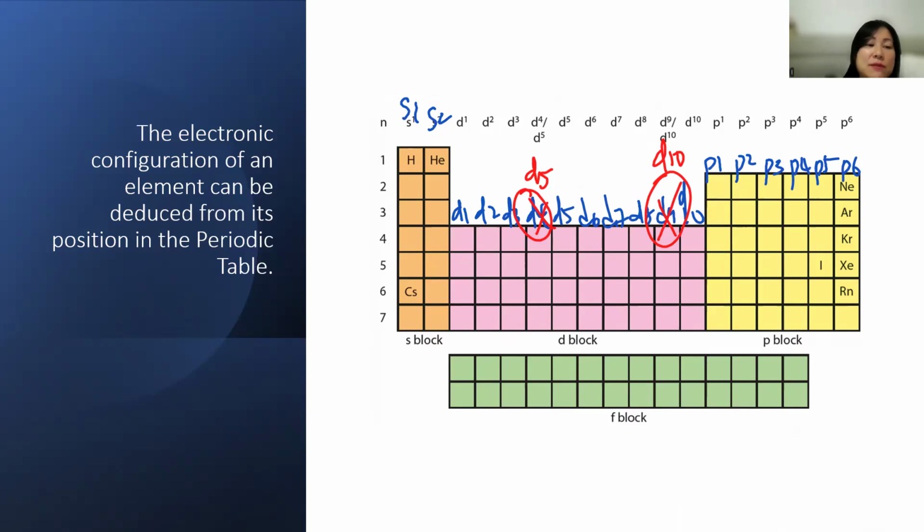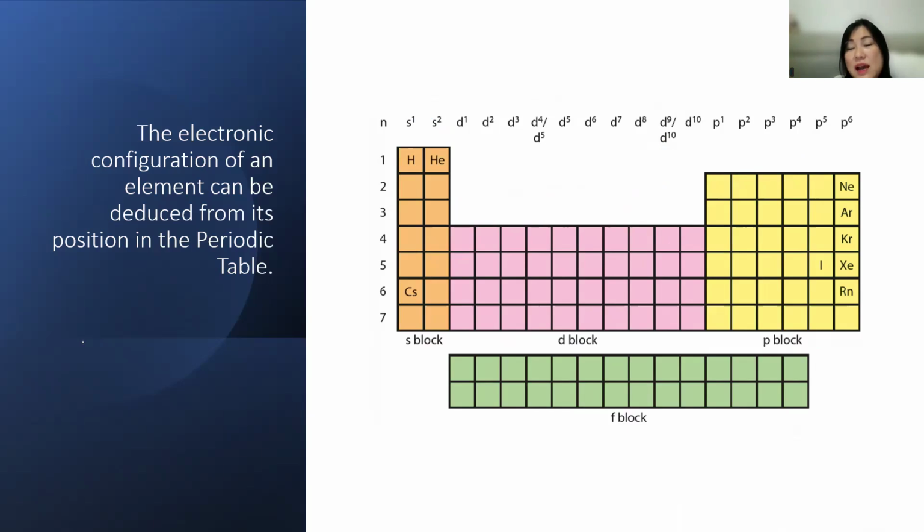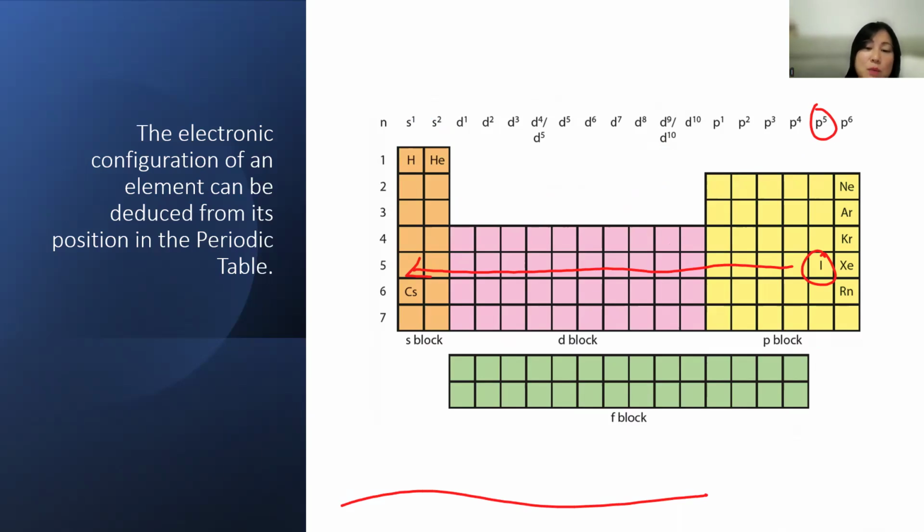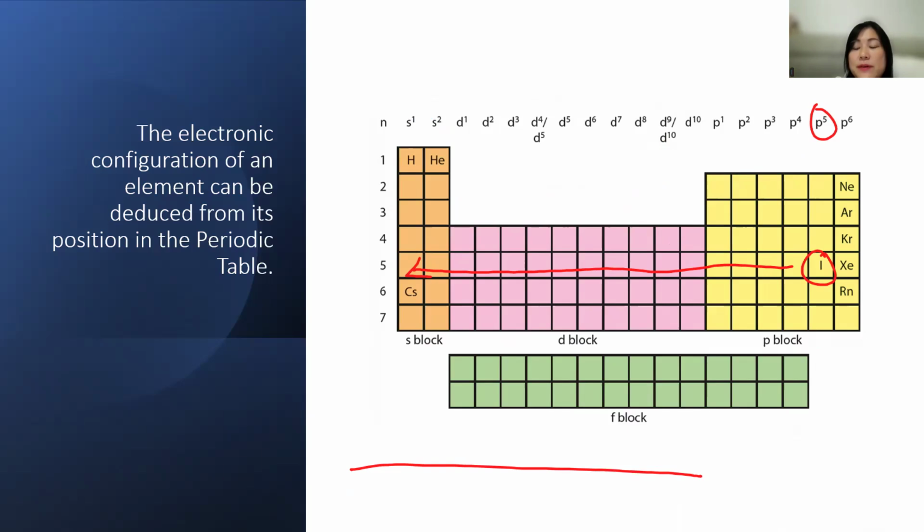But now let's look at this. The focus is to use the periodic table and come up with the configuration. Let's look at iodine. What do we see? It is p5 and is in which period? 5. So whatever its configuration is, it will end with 5p5, and whatever orbitals came before 5p5 must be there.